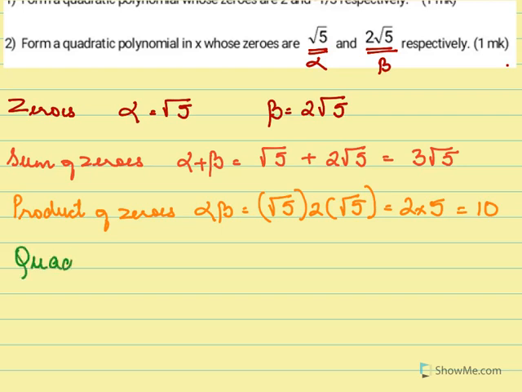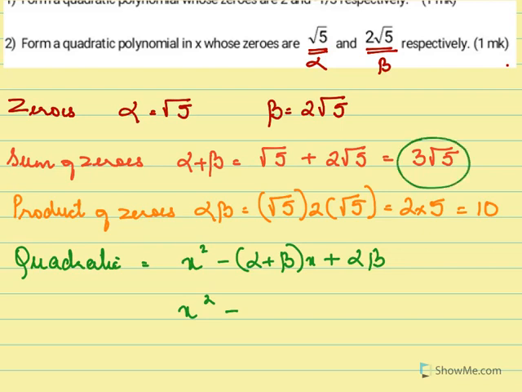So the quadratic equal to x square minus sum of roots plus product. So x square minus sum, we saw our sum was 3 root 5, product was 10. So this is our quadratic.